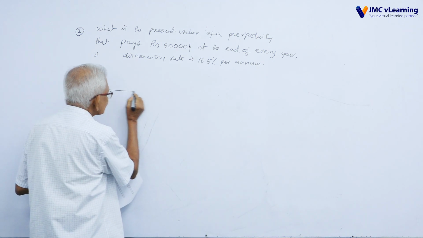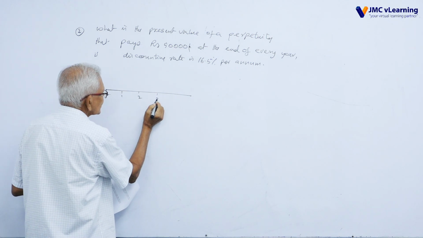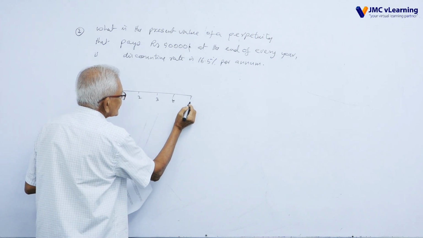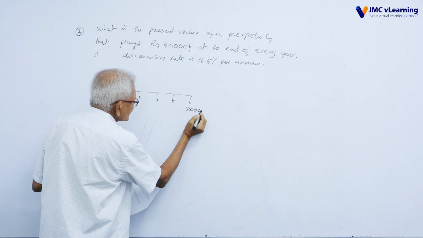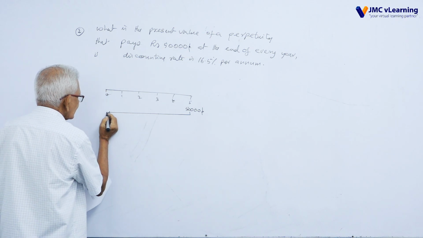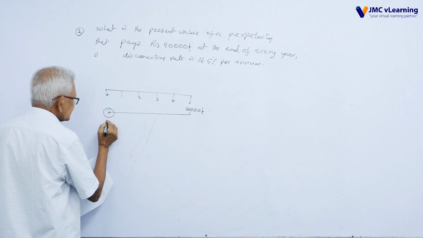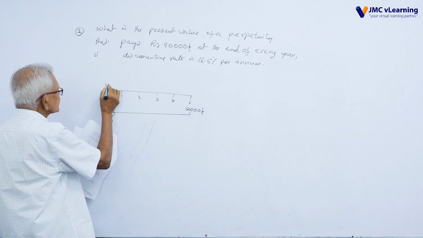I'll draw the number line: 0, 1, 2, 3, 4, 5. After 5 years he is getting 50,000. He is asking for this money today. We have to find the present value. The discounting rate is 10%.